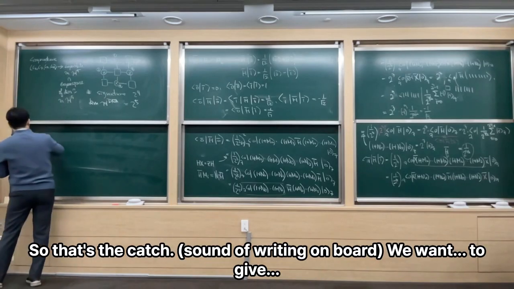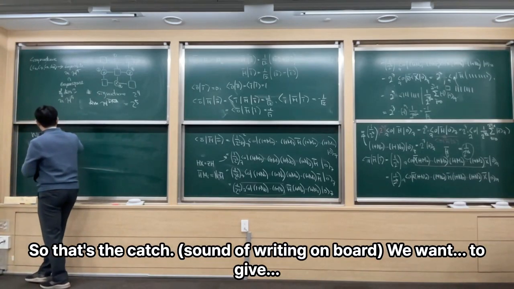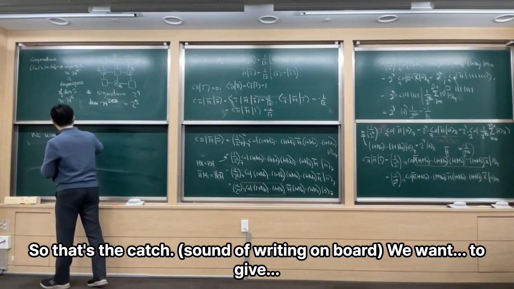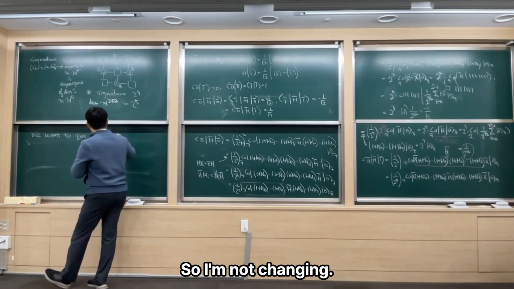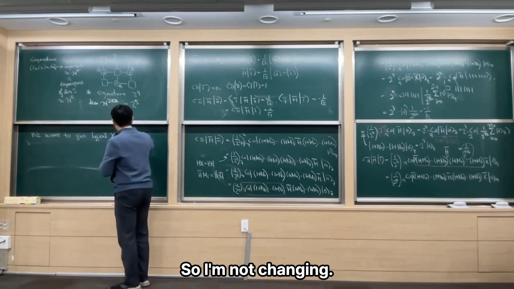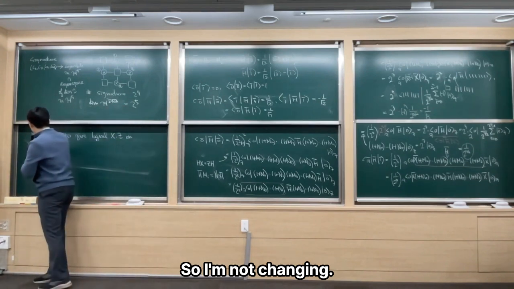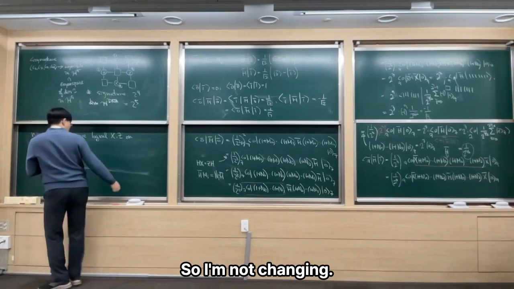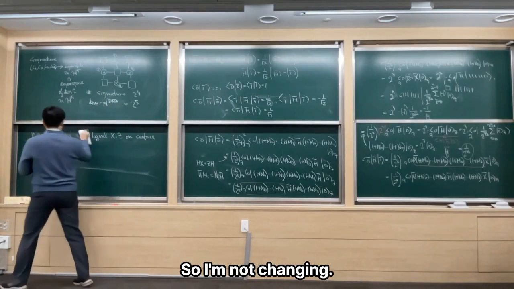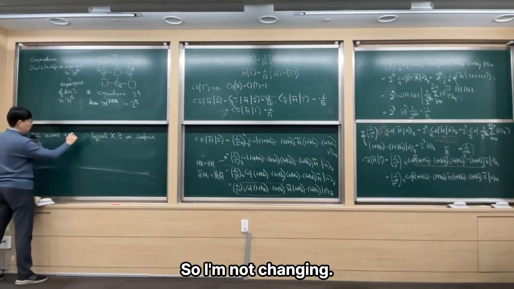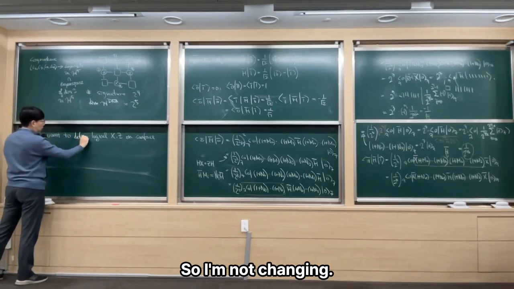So that's the catch. We want to define a logical X and Z on the surface code, or rather, define a logical X gate.